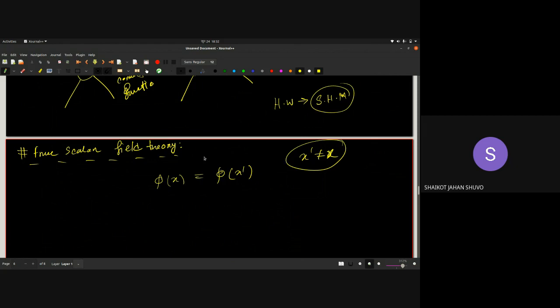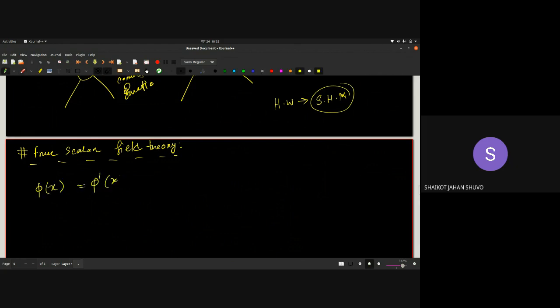Or, this can be considered as a constant field, but just to avoid complications, just think of it as the following: phi of x is equal to phi prime of x prime. That means at any point in space-time, there is some sort of a value. This is that kind of field, some idealistic stuff.